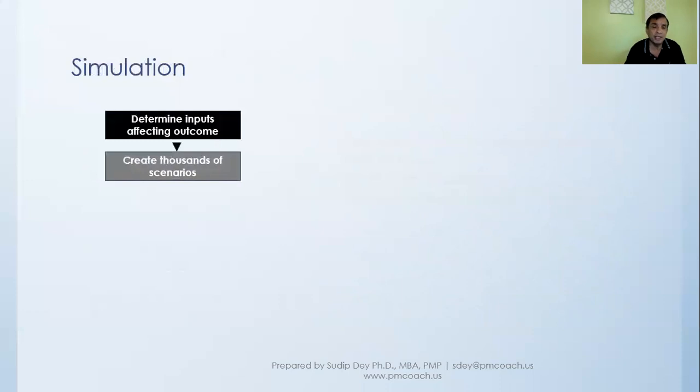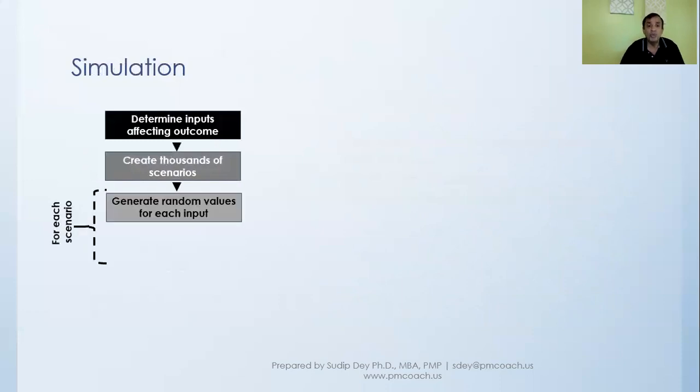The way we do it is, for each scenario, we use some randomization for each of the inputs. And of course, there is some rule about how we apply this randomization to each input.